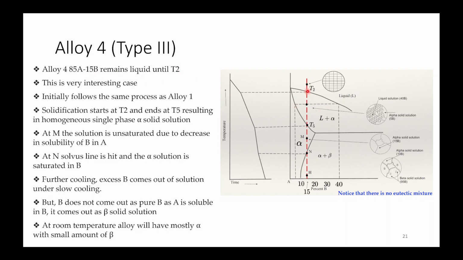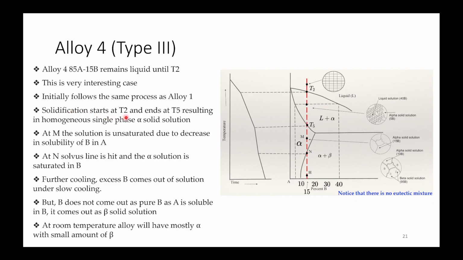Up to T2 it is liquid, and initially it follows the same process as alloy 1, and its solidification starts at T2. After this there will be formation of alpha, and here the whole alpha will form; below this temperature alpha will be there, and after N there will be formation of beta.